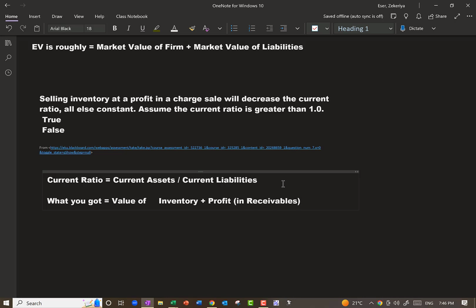So your receivables went up by that much, right? But your inventory went down by the value of inventory.